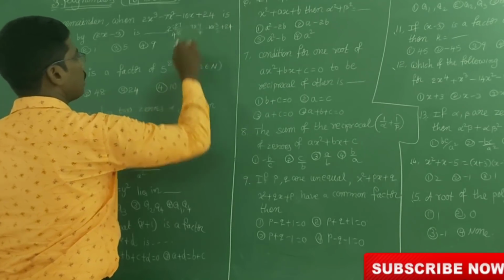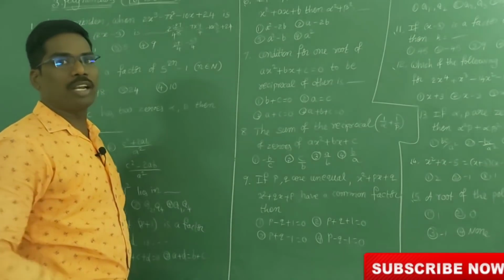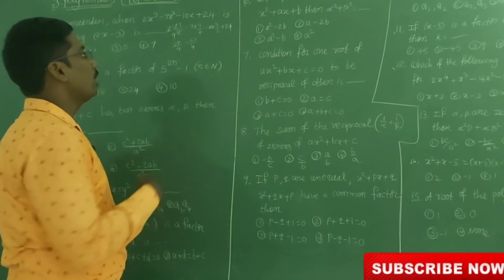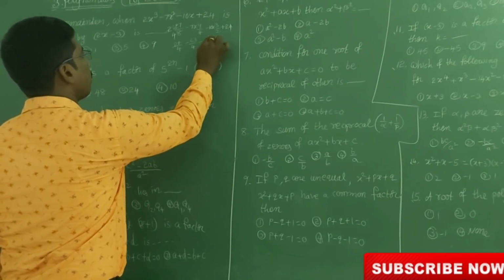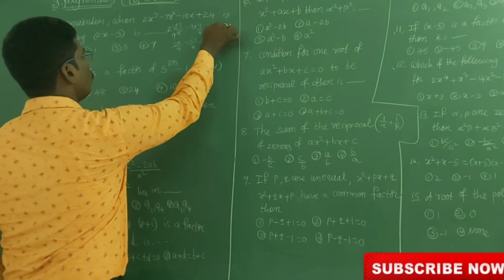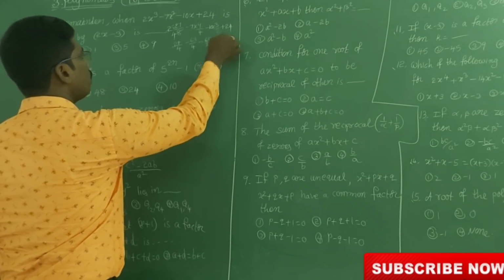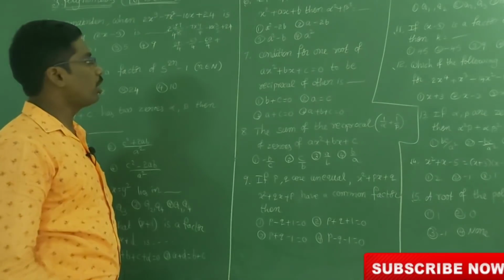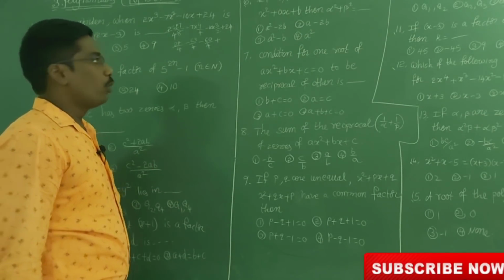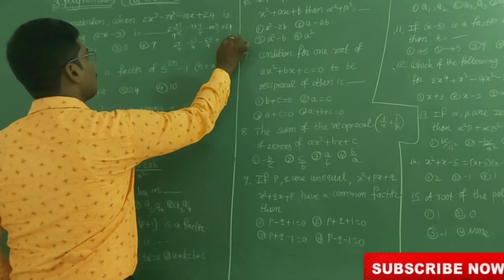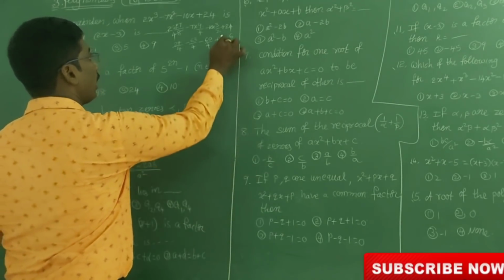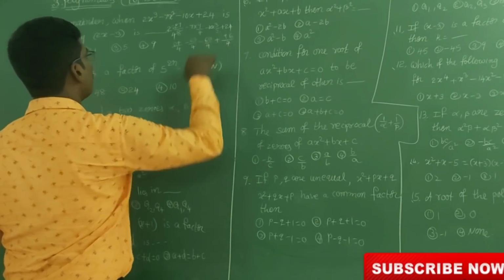This is 30 by 2, so I will multiply 2 on numerator and denominator, then this will be minus 60 by 4. 2 threes are 6, 6 tens are 60, and 2 twos are 4. Again here also I am multiplying with 4 on numerator and denominator, because all denominators will be 4. So 4 fours are 16, 4 twos are 8, 96 by 4.